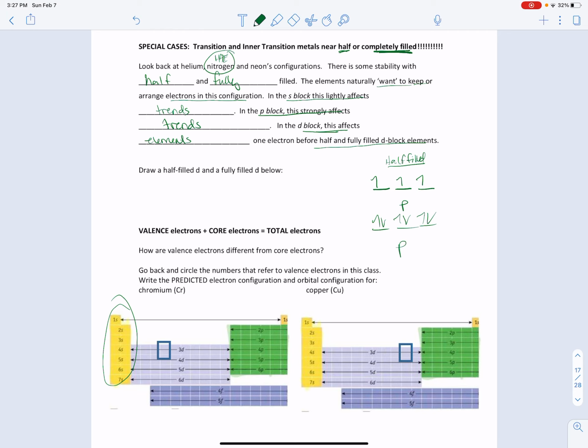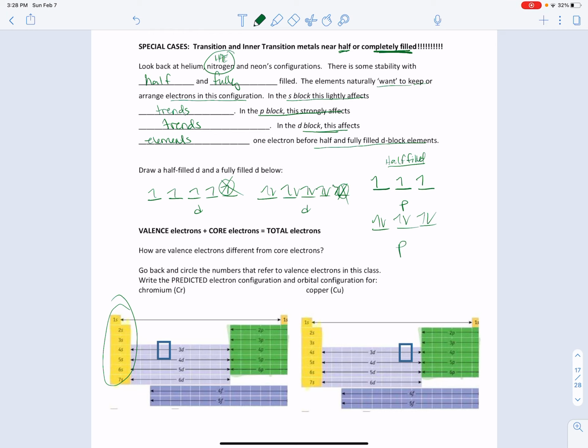So what do I mean? A D that's fully filled and half filled. Here's our D. This is our half filled D, and this is our fully filled D. So elements that are one spot away, so say they're missing this last one, those are the elements that we're talking about.